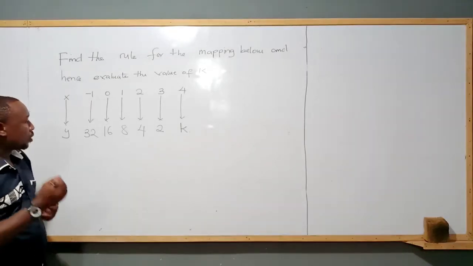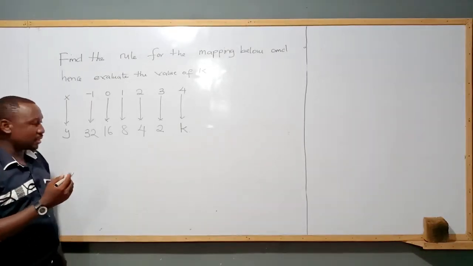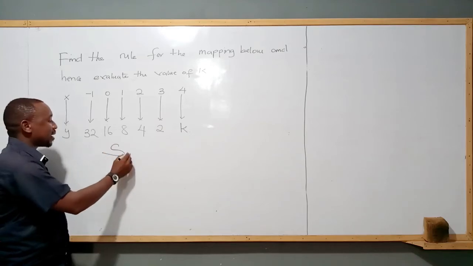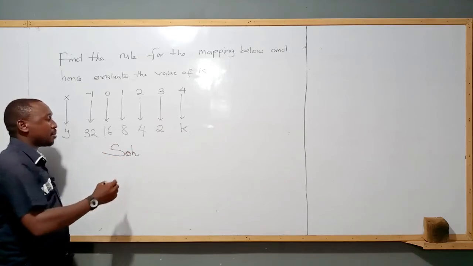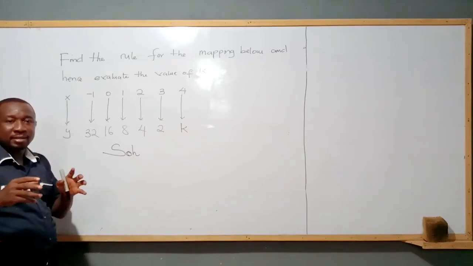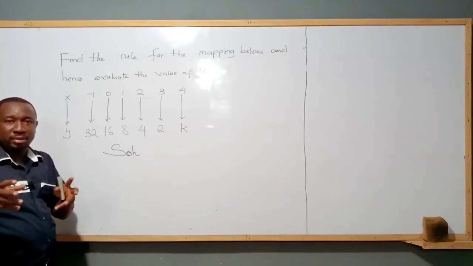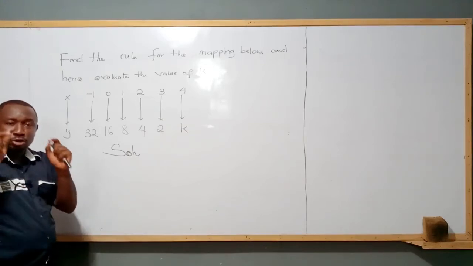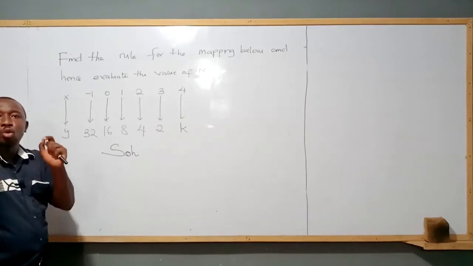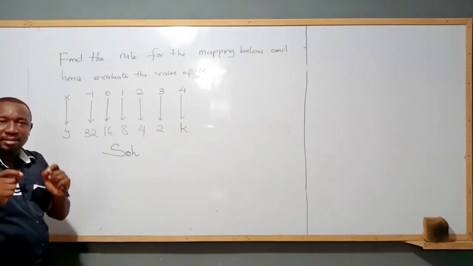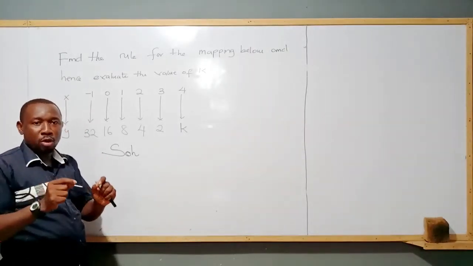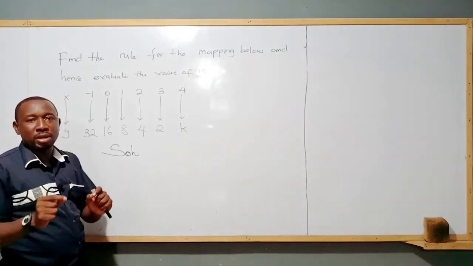So this is what the student does. For the student to identify whether it's exponential mapping, if you want to identify an exponential mapping, the ratio of the consecutive terms in the codomain is constant.